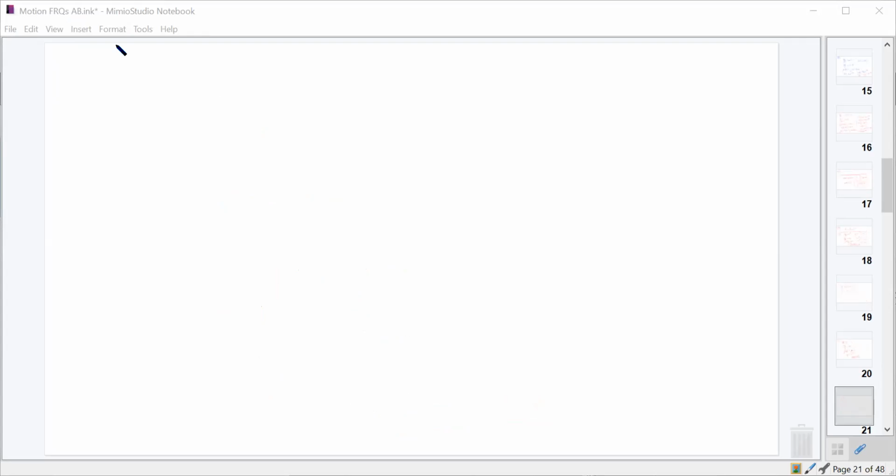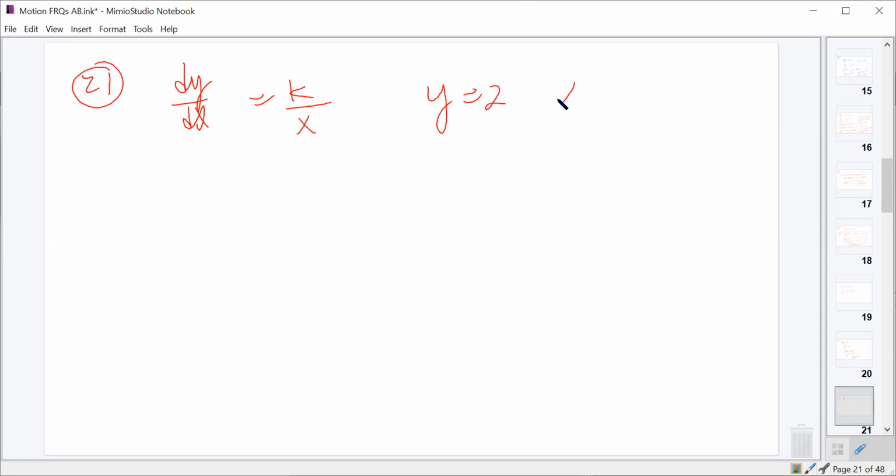All right, next one after 17 is 19. We already did 19. After 19, we've got 21. 21 says dy dx equals k over x, where k is a constant, and they give us y equals 2 when x equals 1.